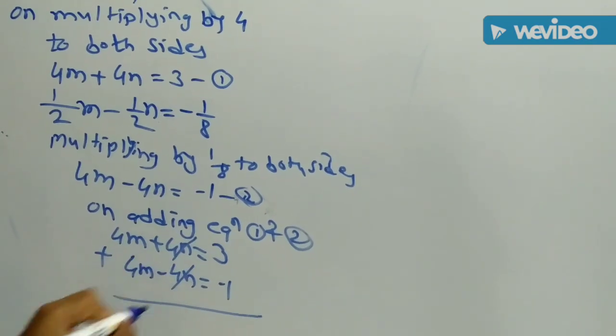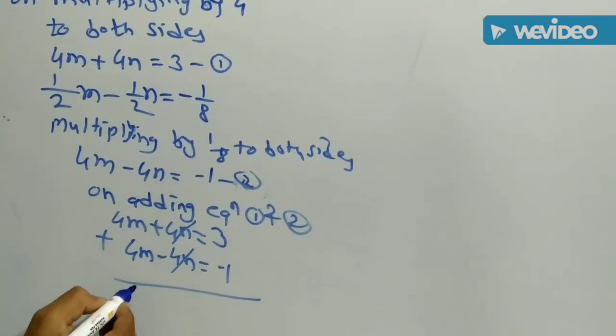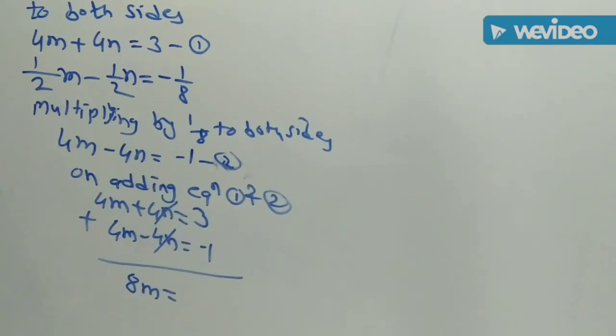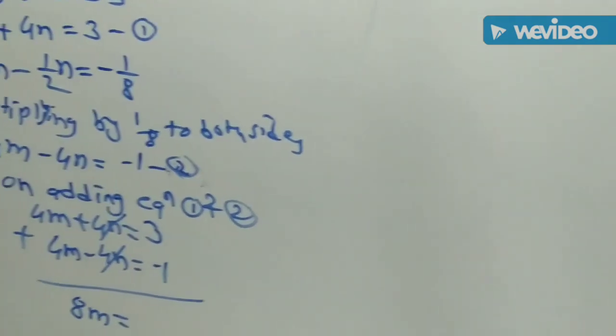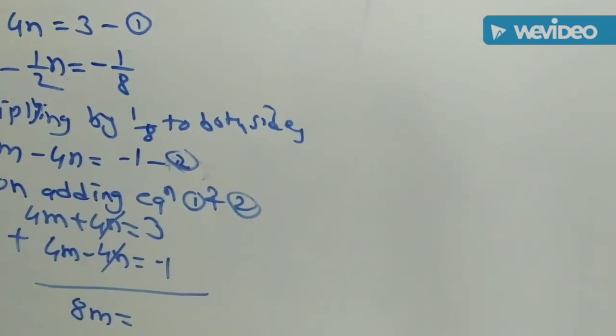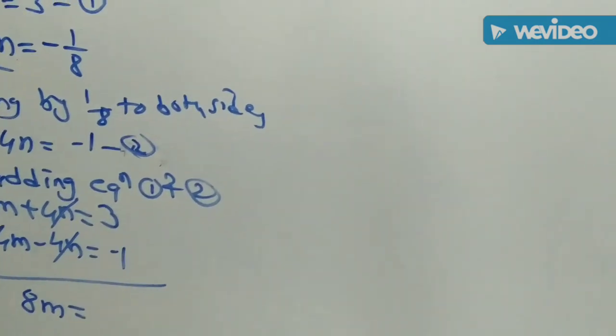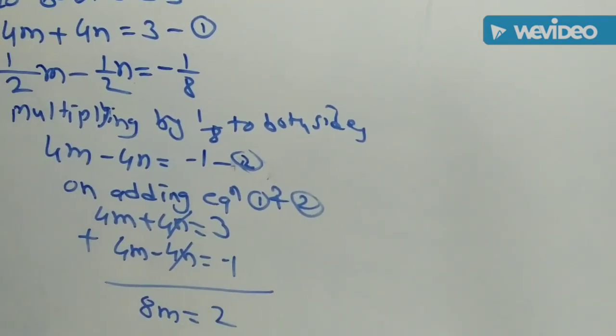Now this plus 4n and minus 4n gets cancelled. 4m plus 4m, that is 8m. Now 3 minus 1, that is 2. Therefore here we write 3 minus 1, that is 2.